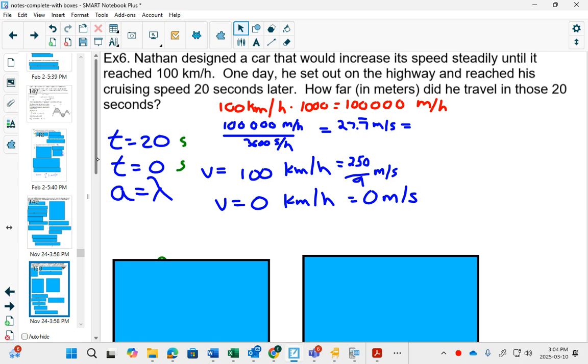Also, our velocity, let's change those to units, okay? I'll leave you to do the 100, I'll do the 0. 0 kilometers per hour as a velocity changes nicely to 0 meters per second.